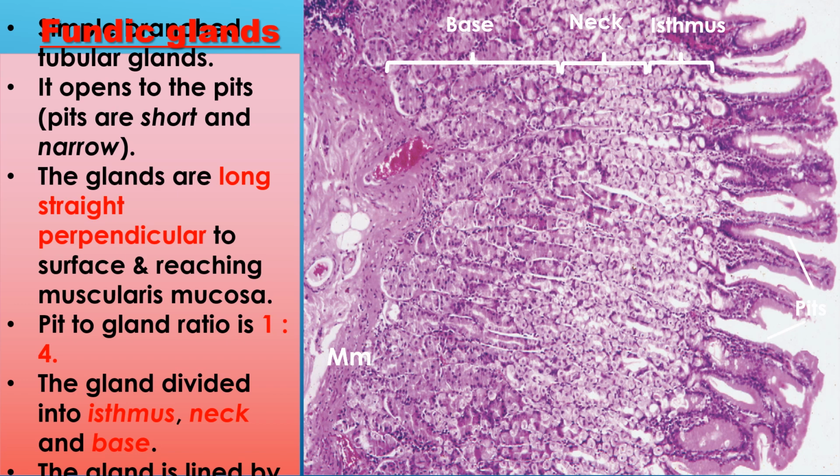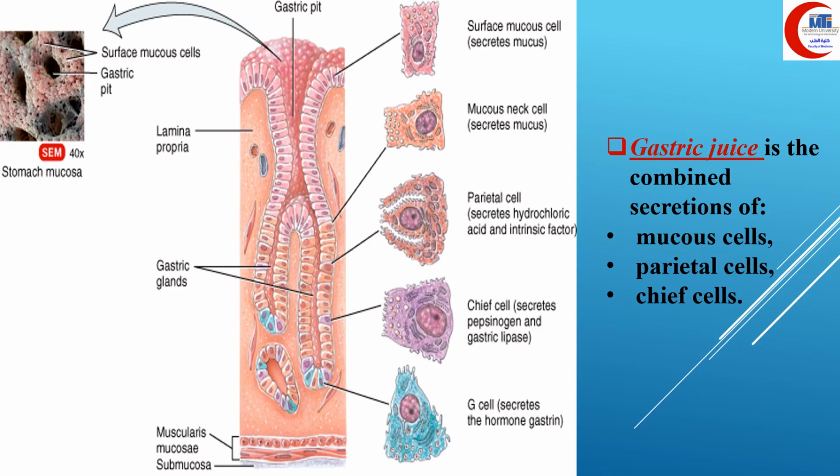Let's see these types of cells. We have different types of cells to form what is called gastric juice. What is gastric juice? It is a combined secretion of mucus, HCl, and digestive enzyme. HCl is secreted from a cell called parietal cells.